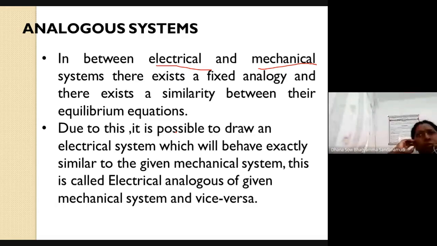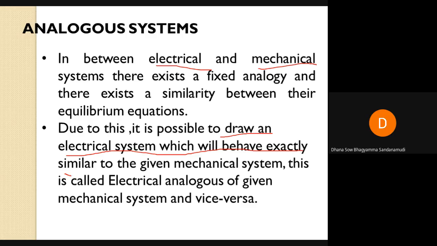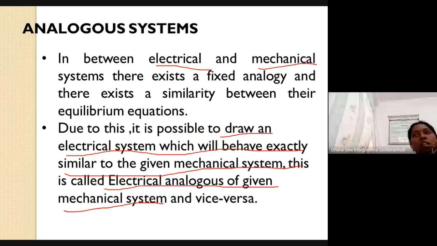If we are able to equate the terms of the differential equations of electrical and mechanical systems, we can draw an electrical system analogous to the given mechanical system.